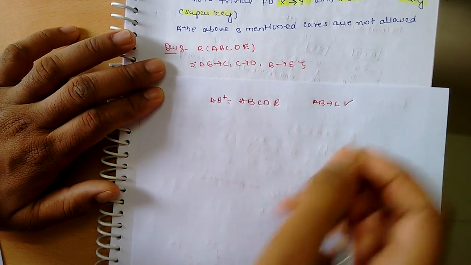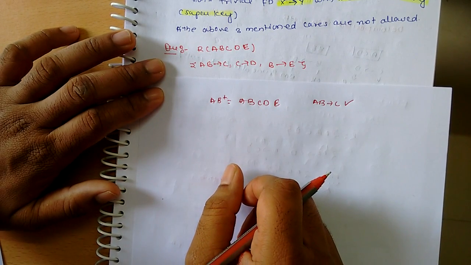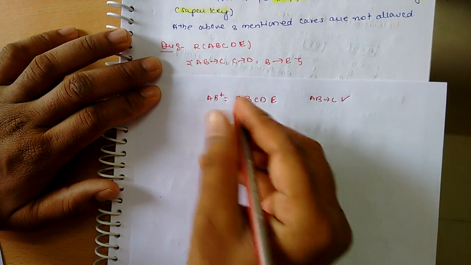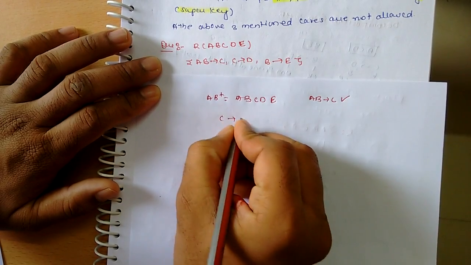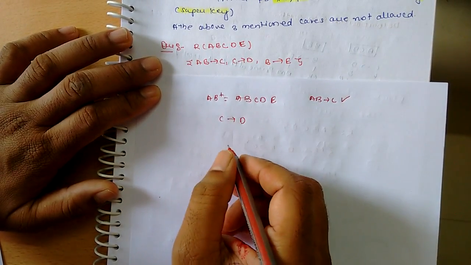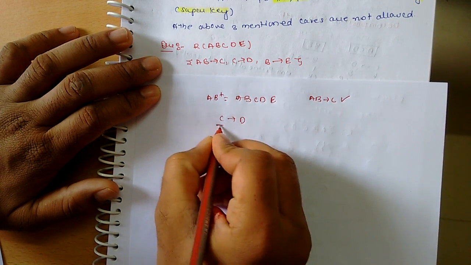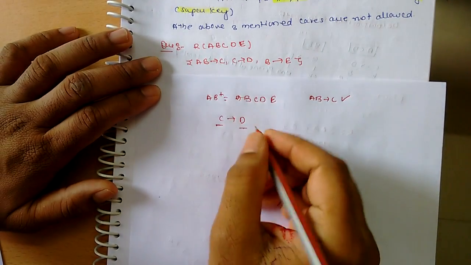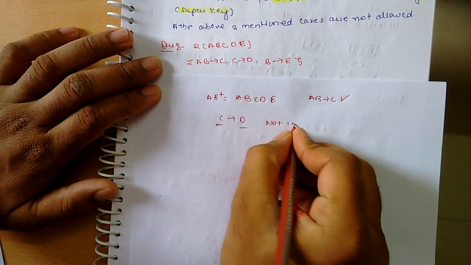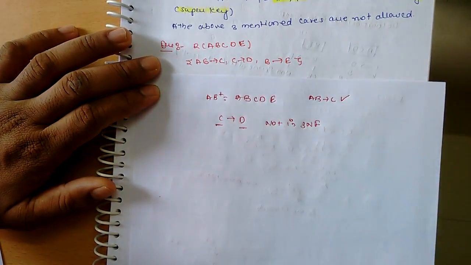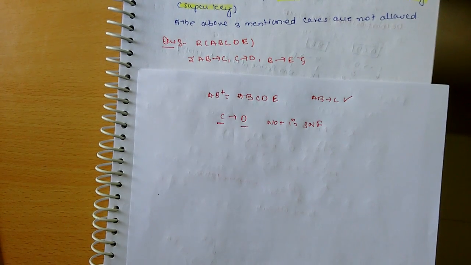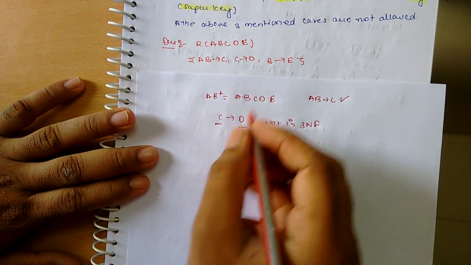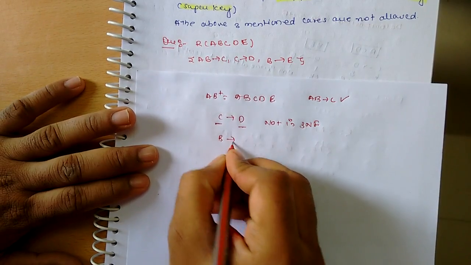So AB goes to C is okay, it could be in BCNF form. Now the other functional dependency, C goes to D: we can see that this is a non-prime attribute and this is a non-prime attribute. It means that the relation is not in third NF.